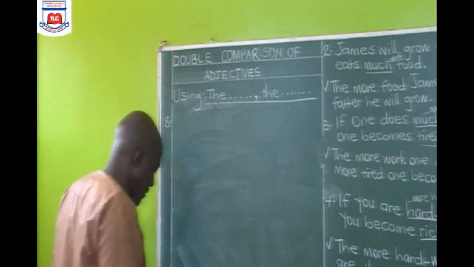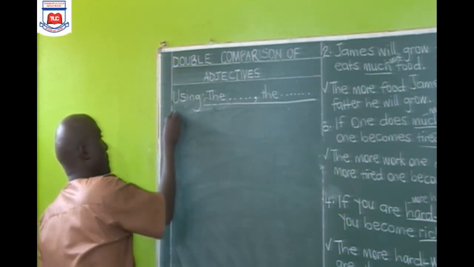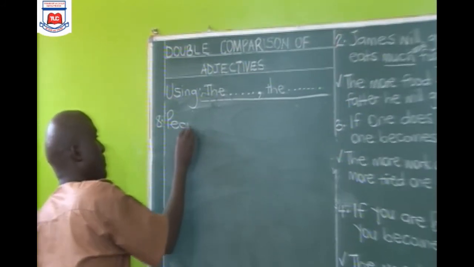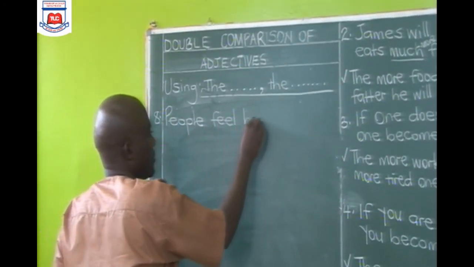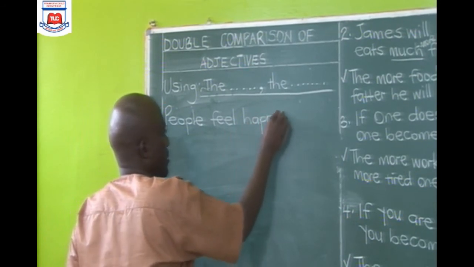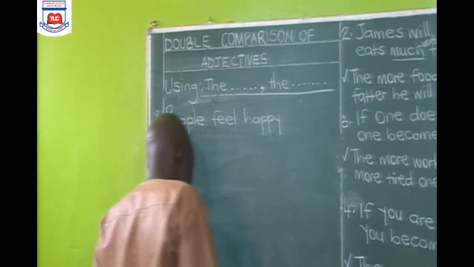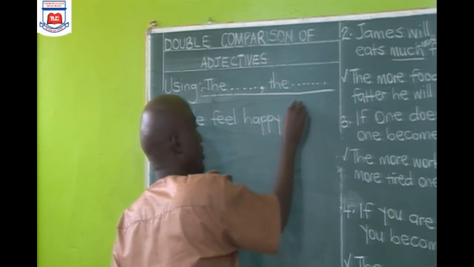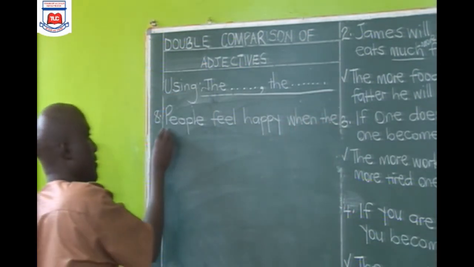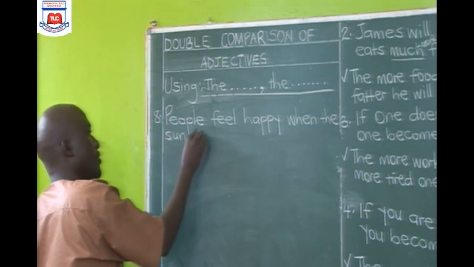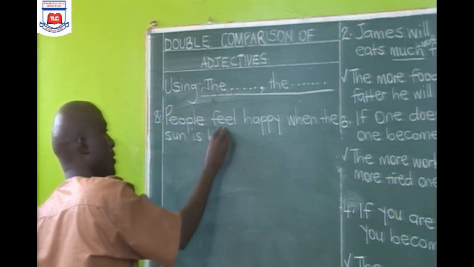Let's continue to number 8. People feel happy when the sun is bright. Yes, when the sun is bright.